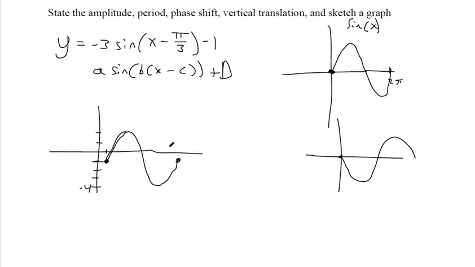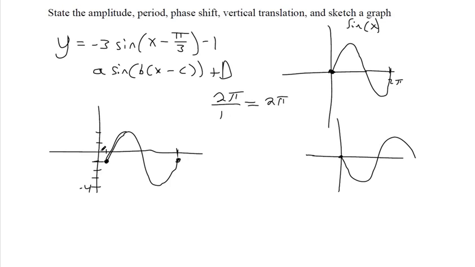Now, what is this x-coordinate? We can actually calculate exactly what that x-coordinate is because we know we've shifted pi over 3 units to the right, and we know our period is 2 pi because remember, to calculate how long you go until you repeat yourself, b is 1, right? So our period is 2 pi.